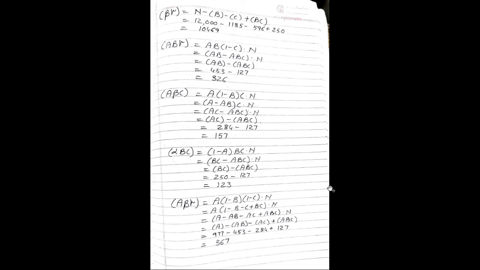Which is nothing but 12,000 minus 977 minus 1,185 minus 596 plus 453 plus 284 plus 250 and minus the value of ABC, which is 127.